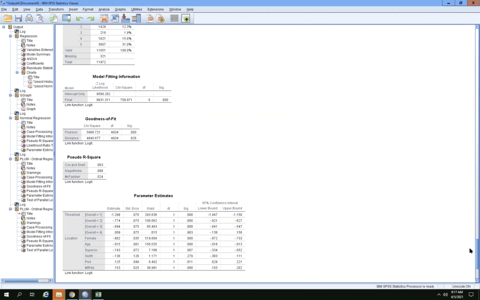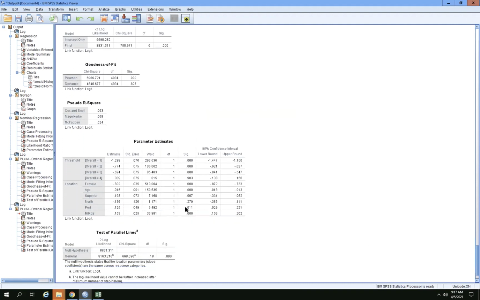We'll hit OK here, scroll down and look at our parameter estimates. And so I guess my intuition was correct in some perspectives here. A few points of interest. When we look at these parameter estimates, we'll see that this threshold is not significantly different from 0 in this case.